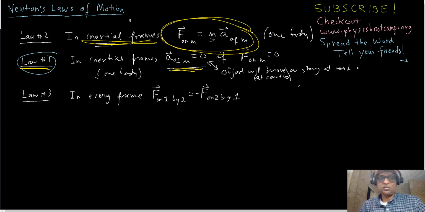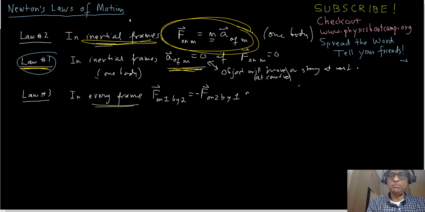Okay, so this is the third law. Although we did this little derivation where we used an inertial frame to come up with this law, since forces are independent of frames, this should be true in every frame. So that's the extension.